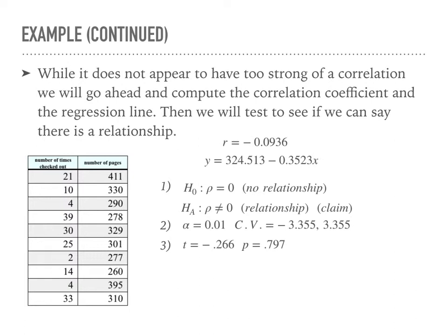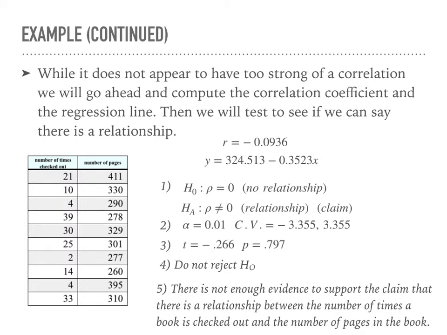So our p-value is greater than alpha, which tells us do not reject the null hypothesis. We also could see that our t-value is not in the tail areas if we were to draw a picture. So we're able to say that there is not enough evidence to support the claim that there is a relationship between the number of times a book is checked out and the number of pages in the book.